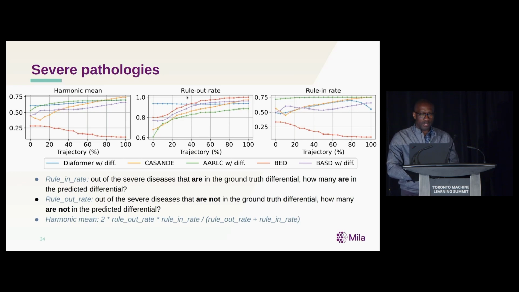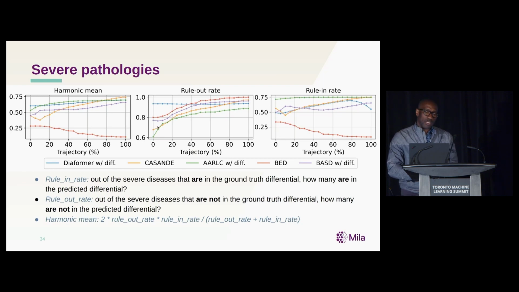And if we focus on the rule-out rate, we can observe that at the beginning, the proposed agent is the second worst solution, roughly 20% behind the best one, but it improves over the course of the interaction to be the second best at the end.